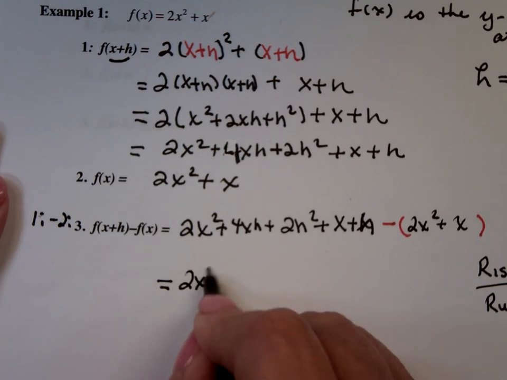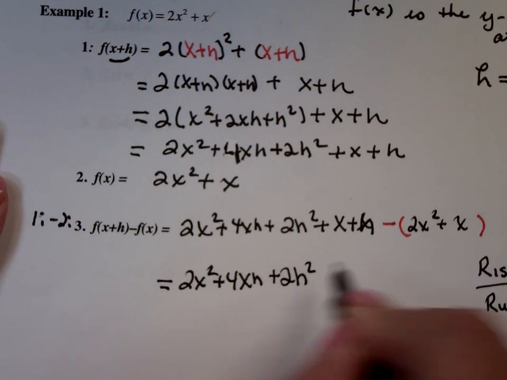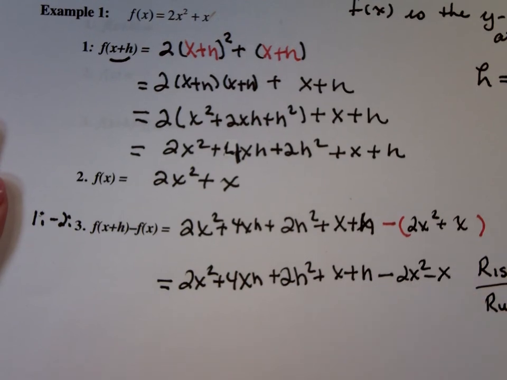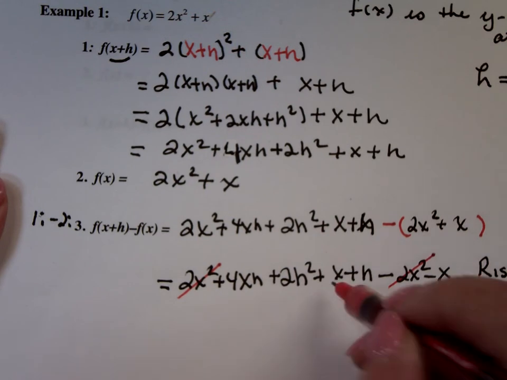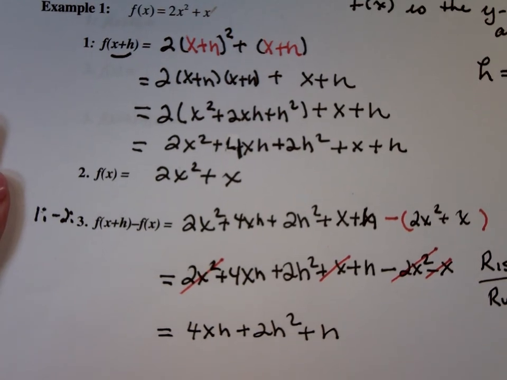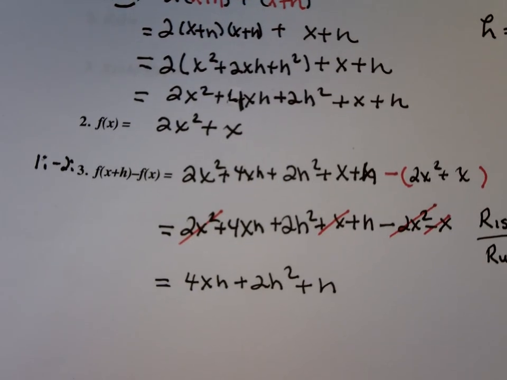So 2x squared plus 4xh plus 2h squared plus x plus h minus 2x squared minus x, and notice 2x squared minus 2x squared, plus x minus x. What's left is 4xh plus 2h squared plus h. And every single term has an h in it.